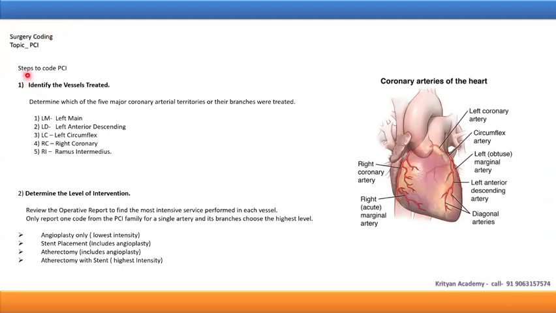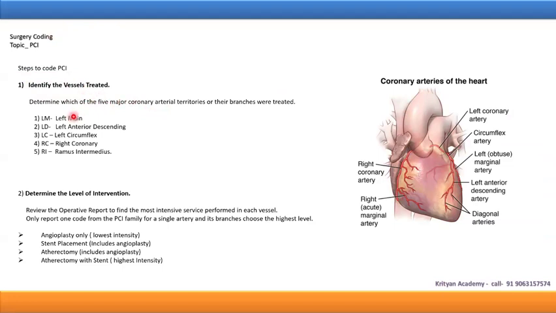And if you see here, the steps to code PCI. First step, identify the vessels treated. It makes it very simple. Whenever you're working in cardiology coding, if there is a PCI coding scenario, follow these instructions. First identify the vessel treated.